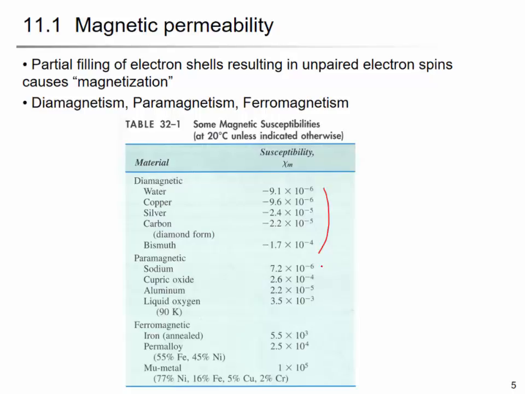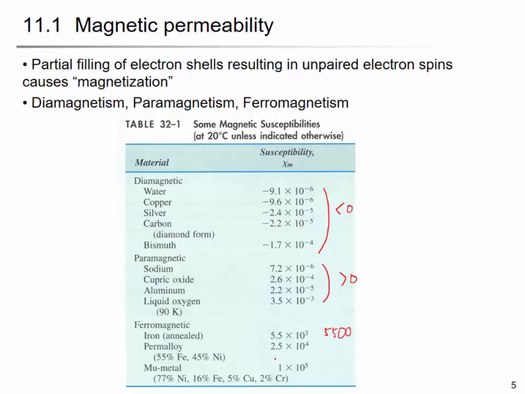And the paramagnetic materials, sodium, aluminum, liquid oxygen, are around 10 to the negative 3, so it's a positive value. And for ferromagnetic material, it's 5 times 10 to the 3, so it's 5,000, right?